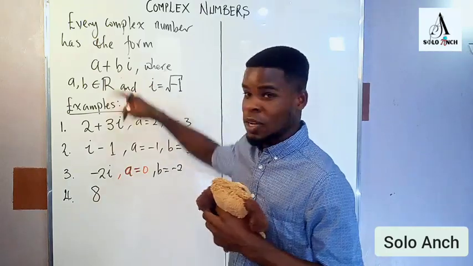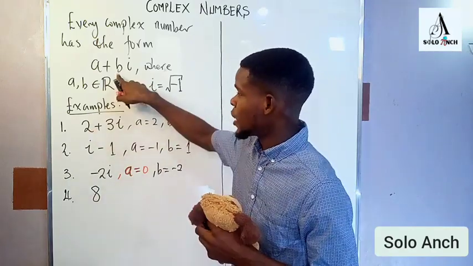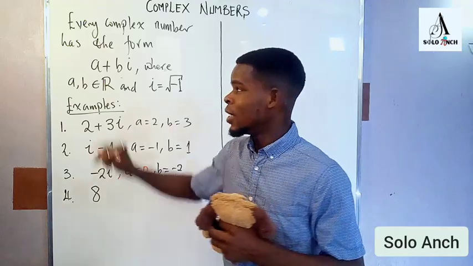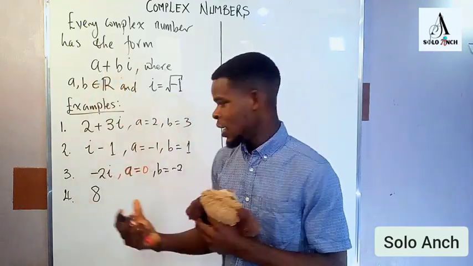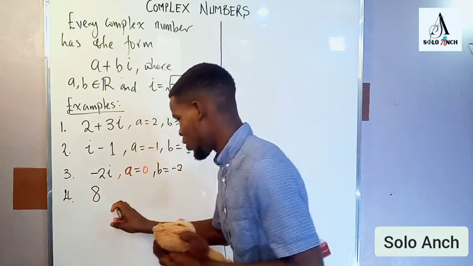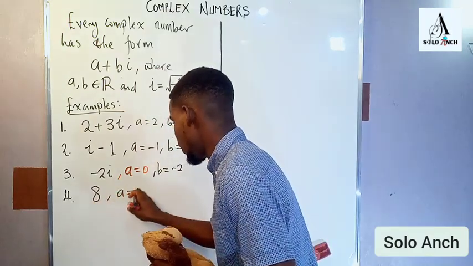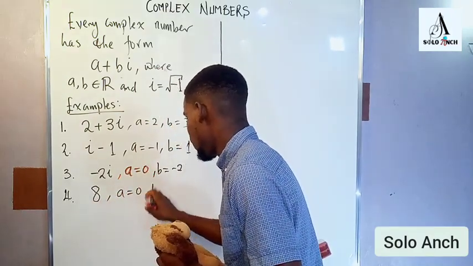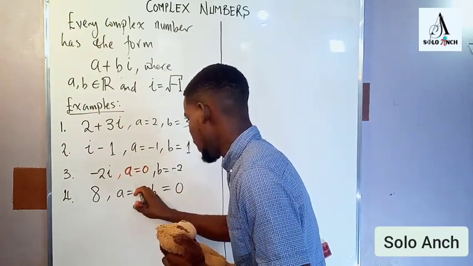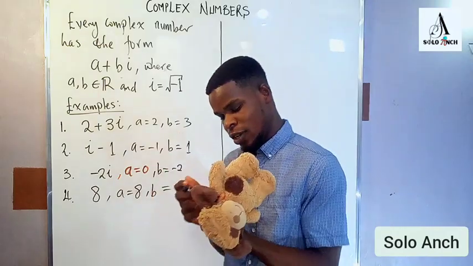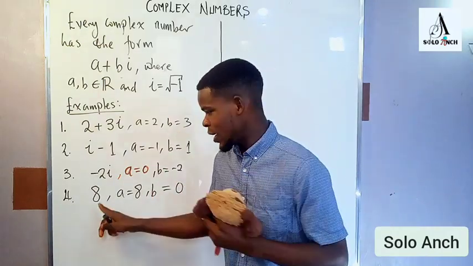So if b becomes 0, we'll have 0 times i, which of course is 0. Then a plus 0 is a. So a is just a real number on its own. This number here is also a complex number. In this case, b is 0 and a is 8. This is also a complex number, and this is a real number as well.